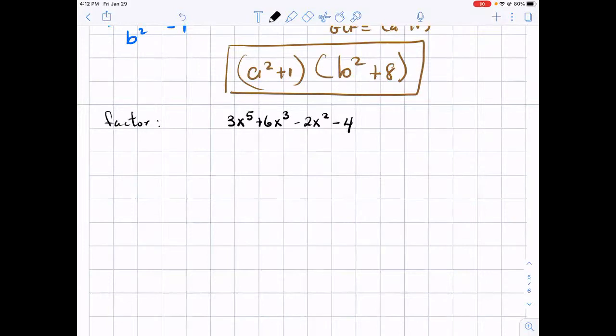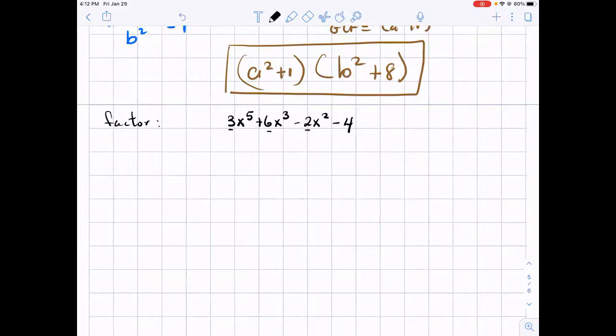So remember, whenever you hear factoring, the first step is always look to see for GCF. Okay, GCF. So if you notice, there's a 3 here and a 6 here, so they do have something in common. But then we got a 2 here, so then we're out. There's no number that goes into 3, 6, 2, and 4 evenly other than 1.